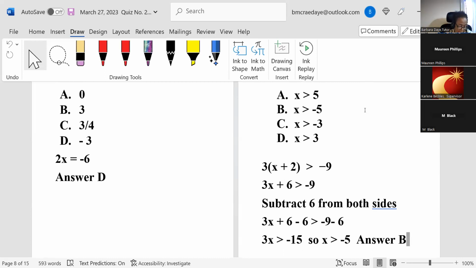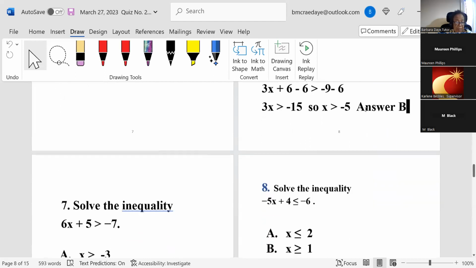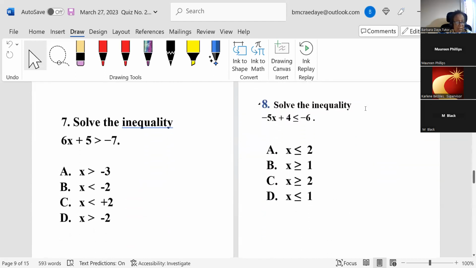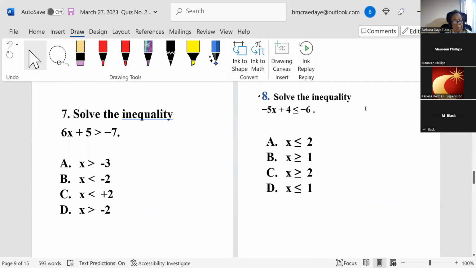Now let's see number 7. Mercedes, you had 7 correct. Yes. Maureen, you had C, and 7 is not C. So Maureen, how did you do number 7? 6x plus 5 greater than -7. How did you solve this one?